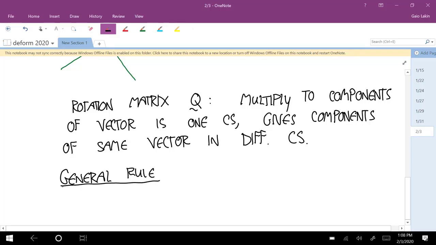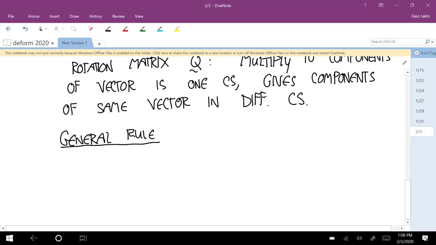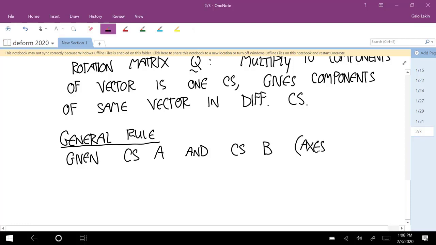so let's say that you have a coordinate system A and a coordinate system B, where the axes have different orientations.